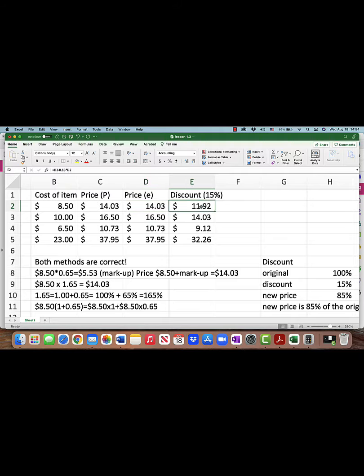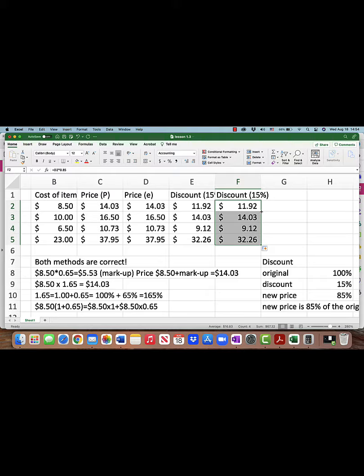To get that answer in one calculation, we can calculate that same 15% discount by taking the original price and then multiplying it by 85%. Check this out. Take the original price and then you multiply it by 85%. And you're still getting 11.92. Here it goes. And if we drag it down, we're going to get exactly the same answers.